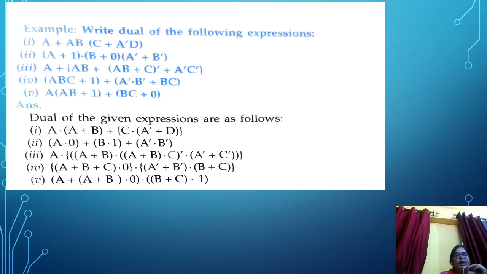A will become A dot, okay, and A dot B will become A plus B, plus within the bracket C dot A plus D. Okay, so you all have to put the brackets according to this. See here the example has been done. Here all the 5 examples are here.